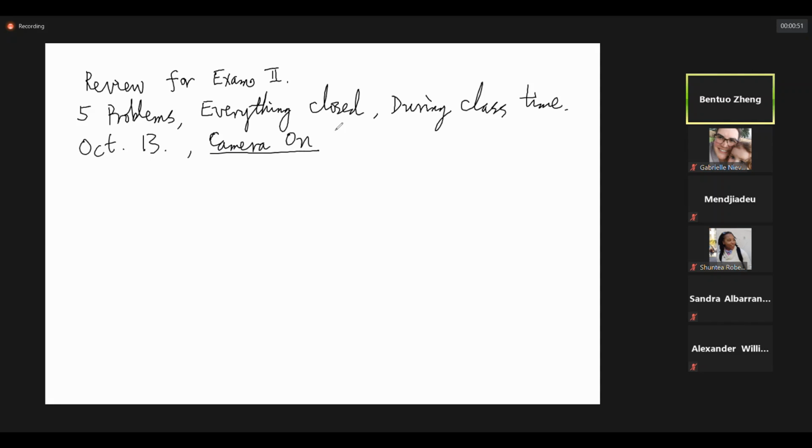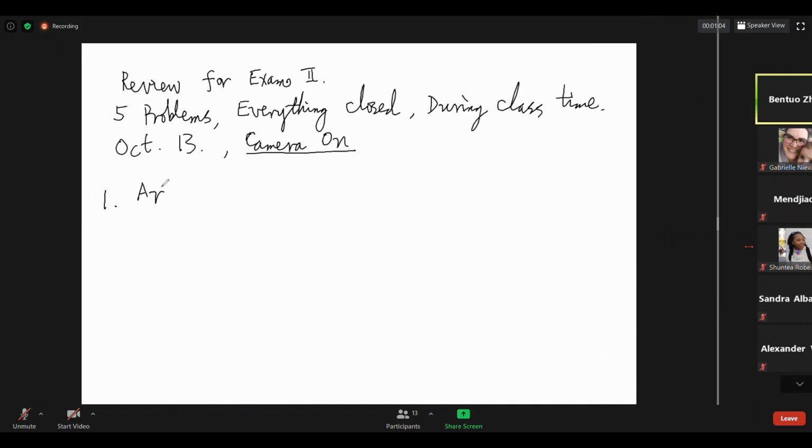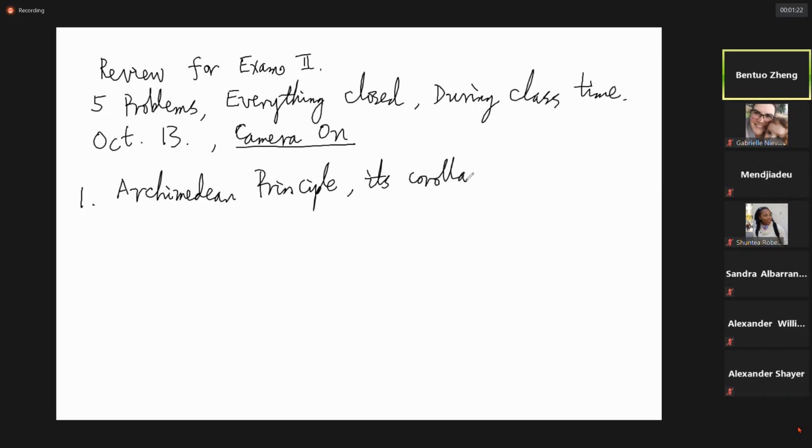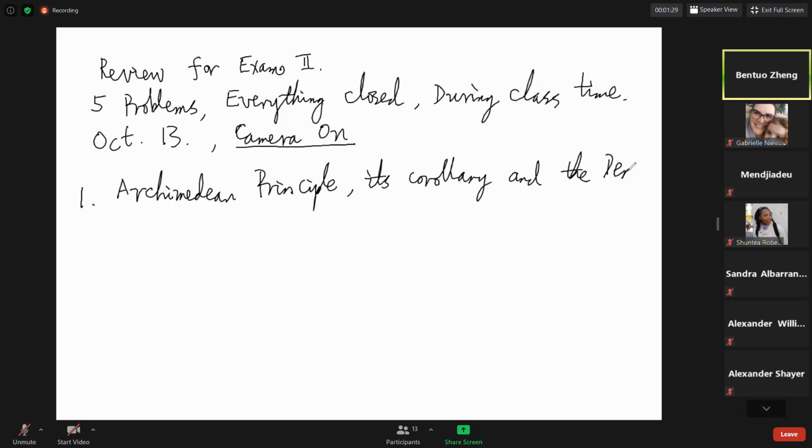All right. So those are the policies. And the first thing you have to remember is the Archimedean principle, the corollary, and the density theorem. Density theorem.